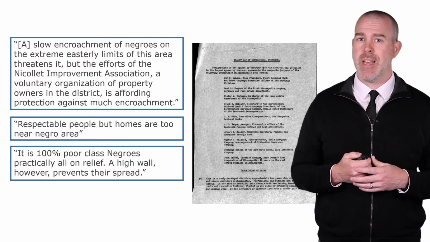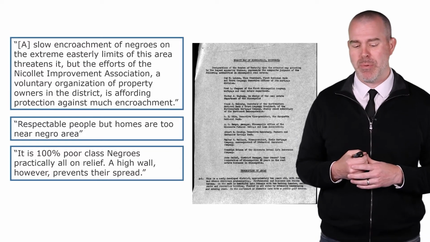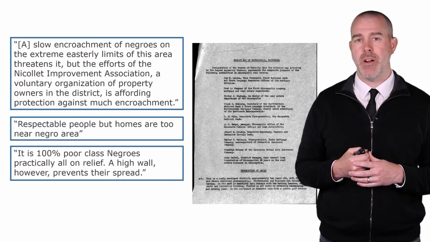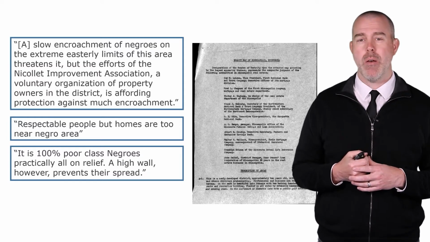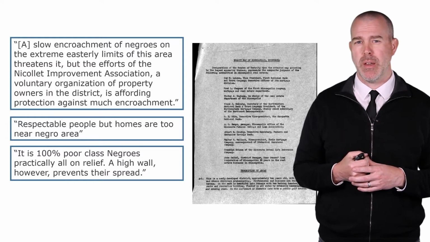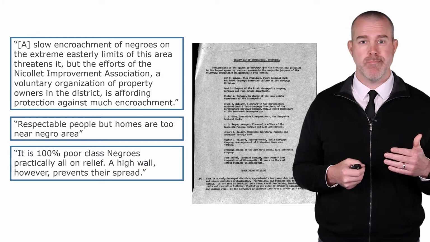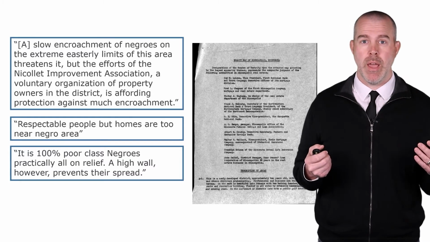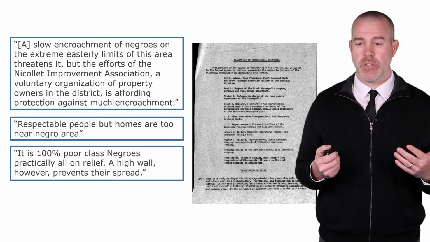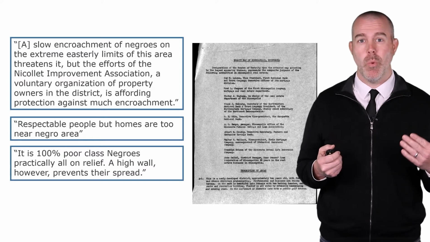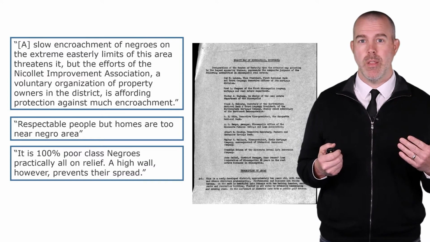This one gets me every time. 100% poor class Negroes, practically all on relief, but a high wall prevents their spread. So another neighborhood, presumably of white Americans, was so concerned about their property values that they built a wall. They built a wall.